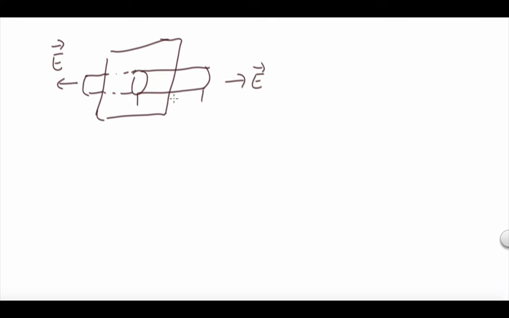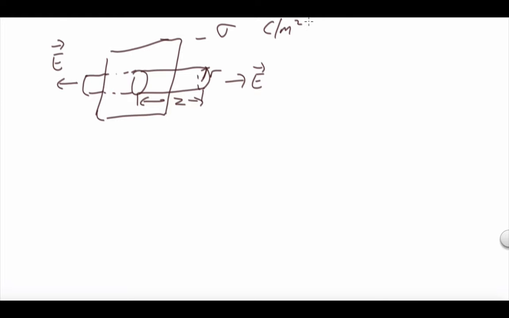Now we're looking at surfaces that are a distance z away from the sheet of charge, and we're looking at a little cylinder that has a radius r, and our sheet of charge has a charge density of sigma coulombs per square meter.